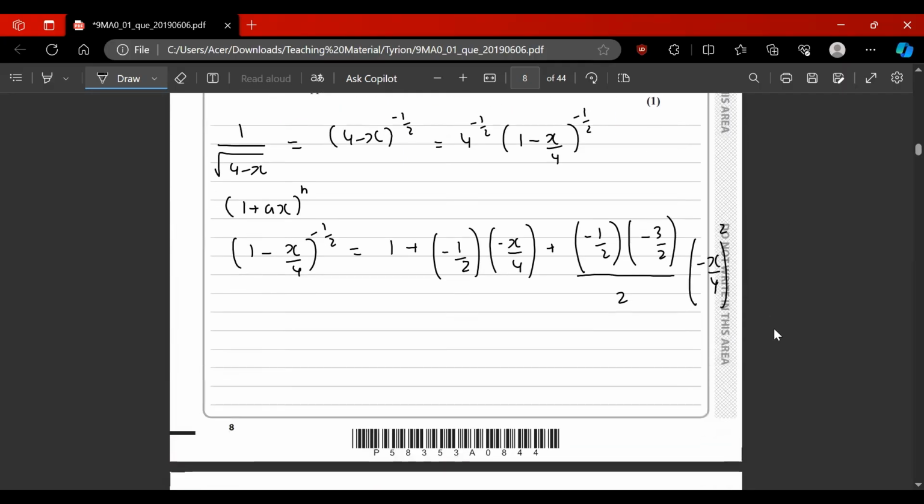So once you simplify this, you should get 1 plus x over 8 plus 3x squared over 128.